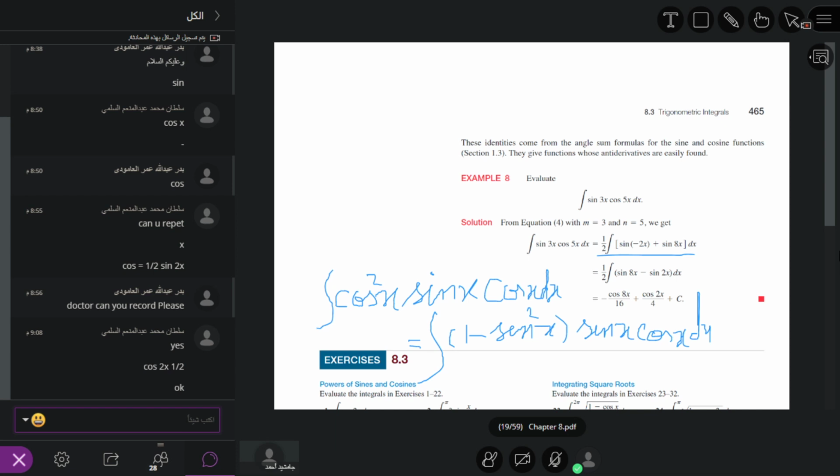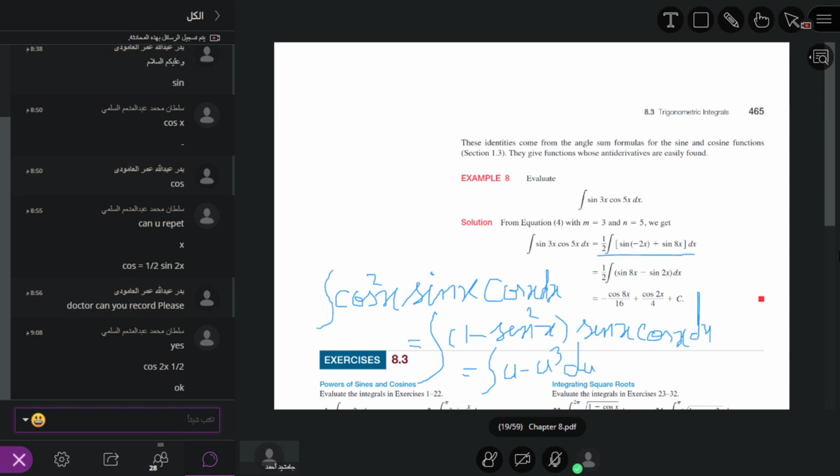The derivative of sine x is cosine x, which is given in front of this. So this becomes 1 minus u square times u du, which is u minus u power 3 du.